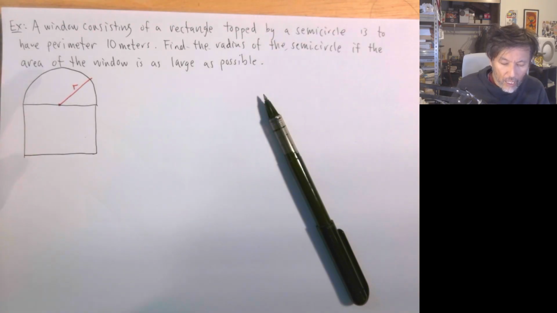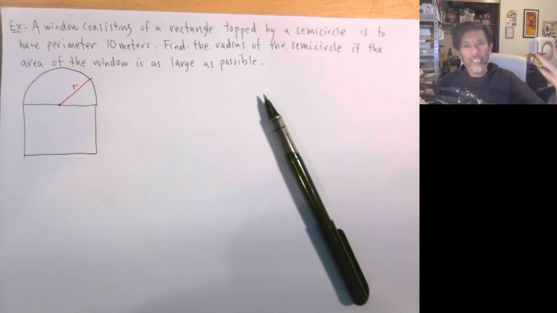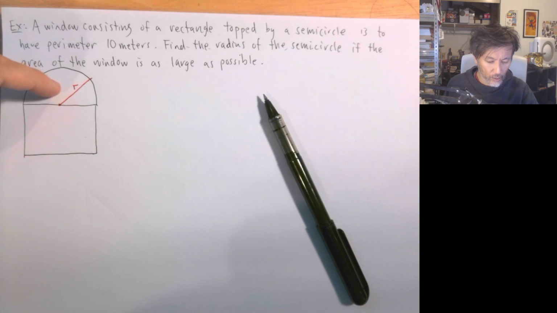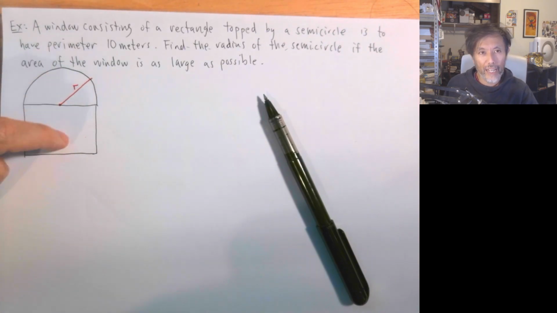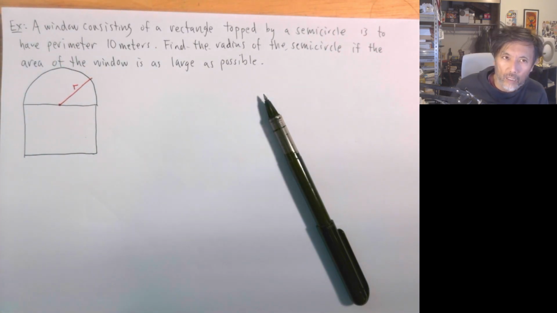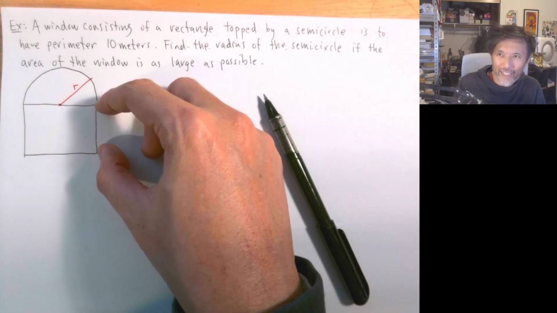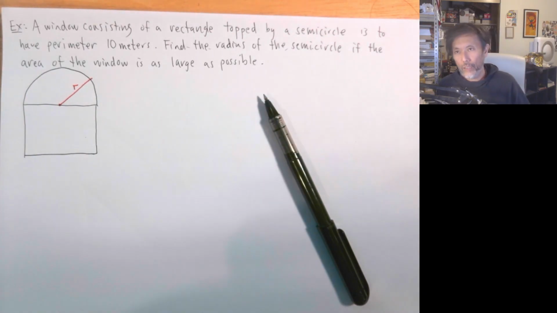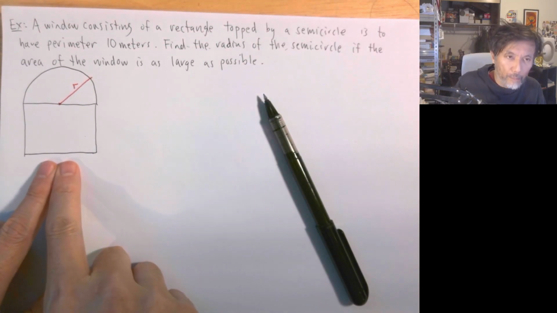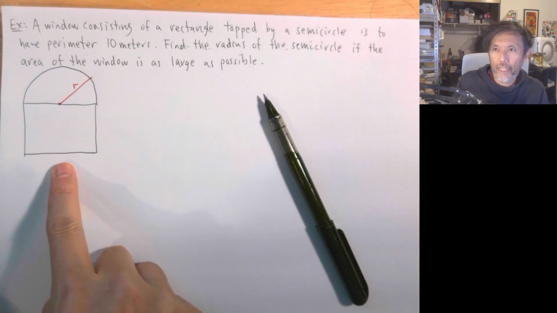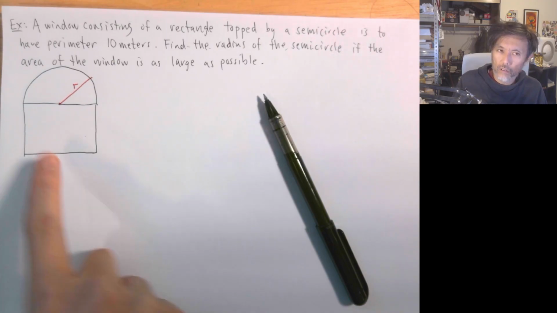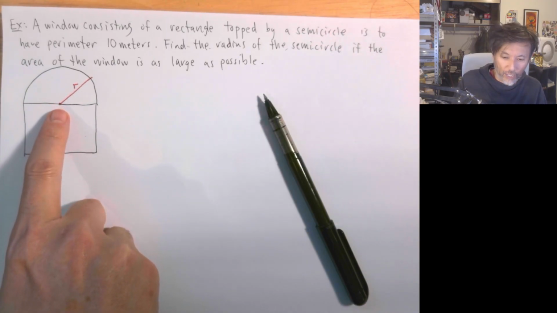Then we're going to define something else. What else do we need to know in order to understand the area of the window, remembering that the window has both a semicircular part and a rectangular part? We probably need the height of the rectangle.